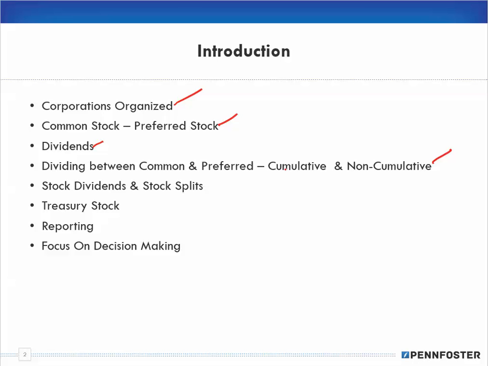Each and every situation is very different. It's about understanding concepts and applying them to the situation. It's not cookie cutter. You're going to be shown an example of dividing between common and preferred, and you'll be shown what cumulative and non-cumulative means.